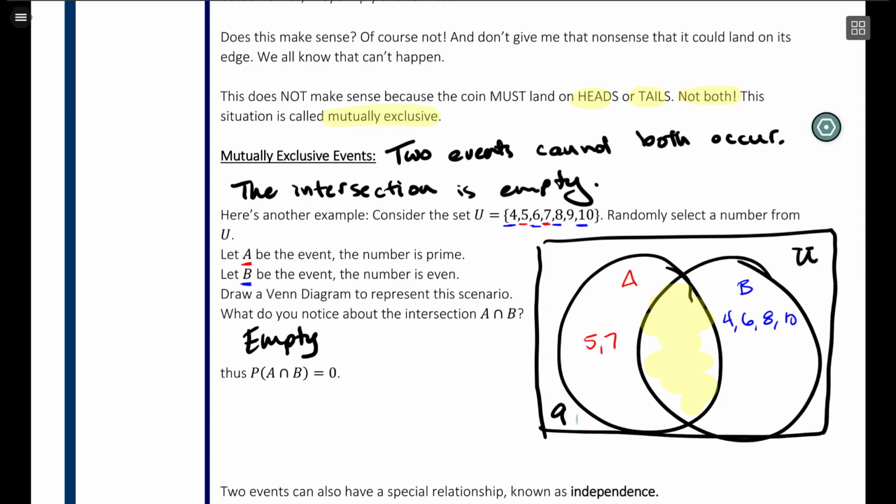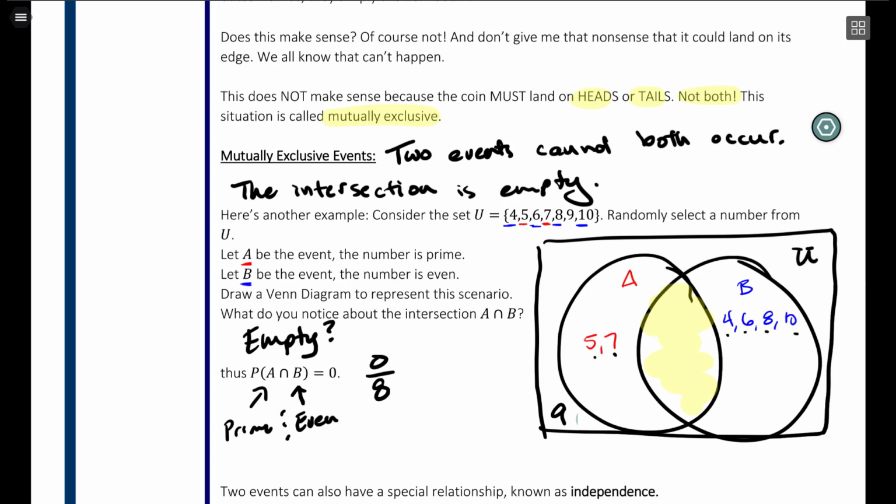So what does that tell us about the probability that a number is both prime and even? We have 1, 2, 3, 4, 5, 6, 7, 8 total outcomes possible, but none of them satisfy that. Thus, P of A and B is equal to 0.